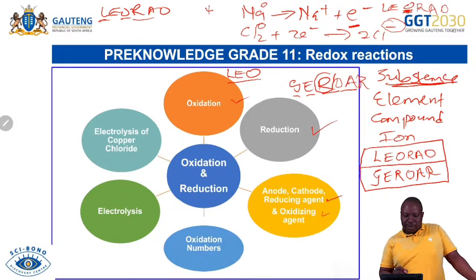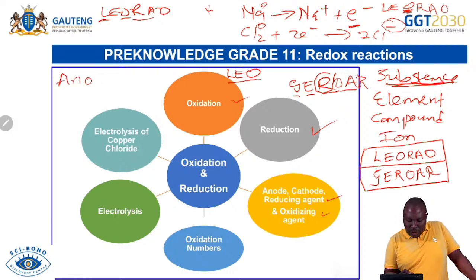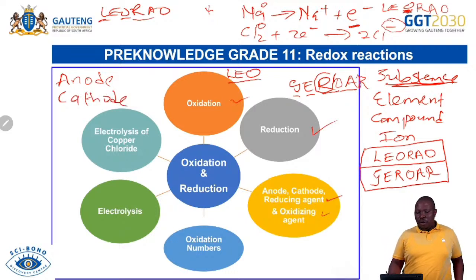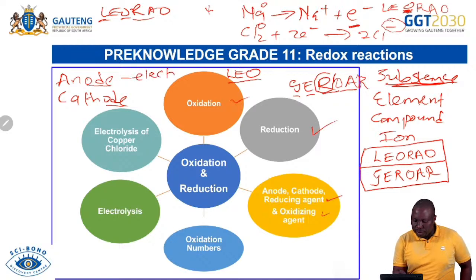So you will see from the word anode itself, anode, cathode. So you have to check. Now you can see that this is ode. Ode is from the word electrode. So an anode is an electrode. It's an electrode where oxidation occurs.